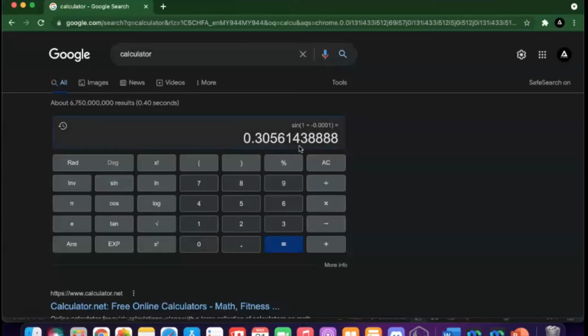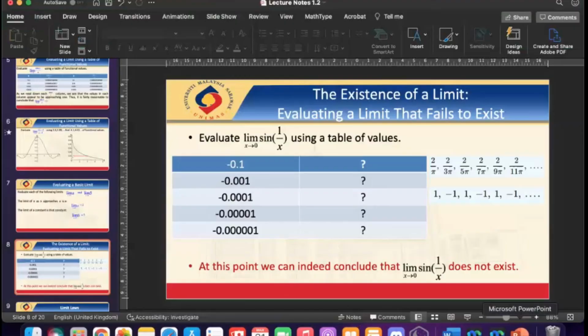So the point here is that we are just trying to understand how to evaluate the limit of a function by all these different values. When x approaches 0, you see negative 0.1, negative 0.01, negative 0.001. As you go down, the value is getting closer and closer to 0, and there will be some pattern in the output value also.